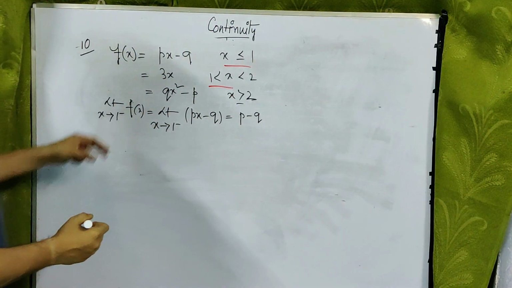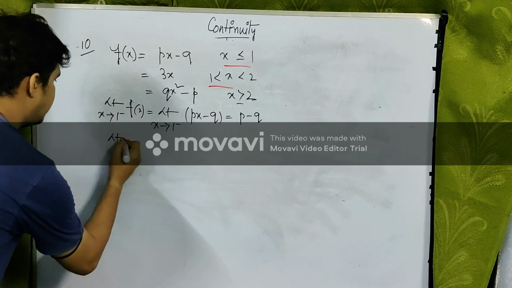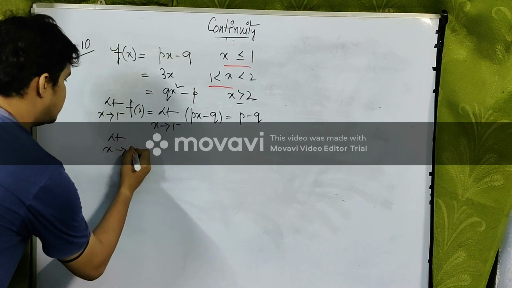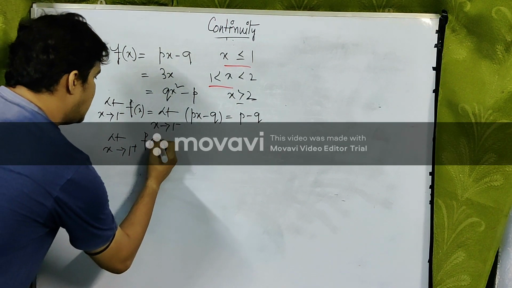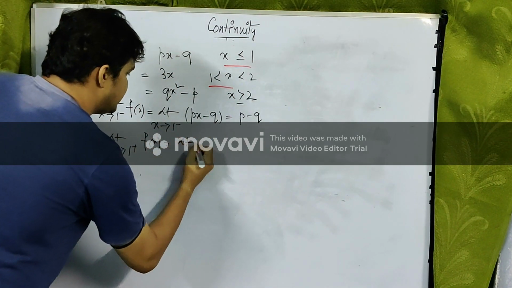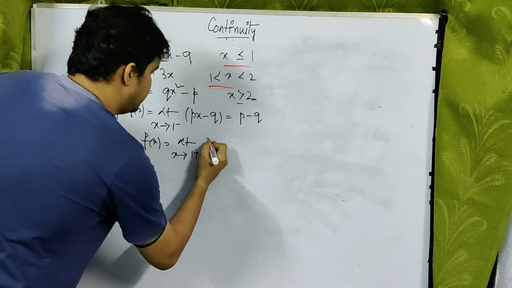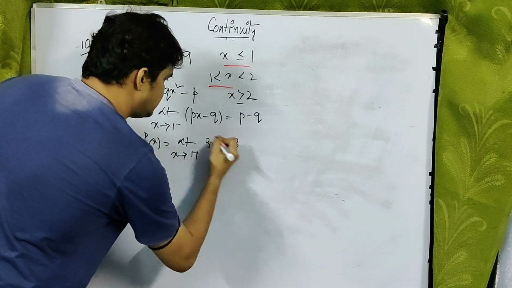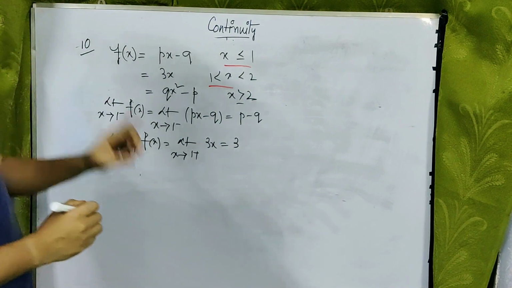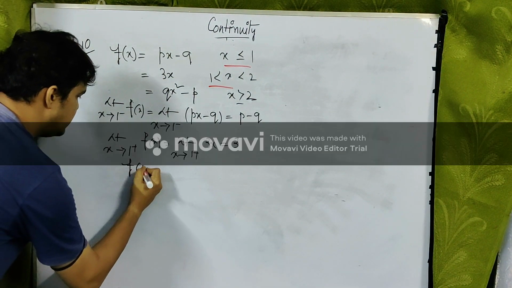Again, when the value of x is greater than 1, that means limit x tending to 1 plus f(x), how is it defined? Here, in this way, 3x. So if I put x equals to 1, it becomes 3. Now, what is the value of f(1)?